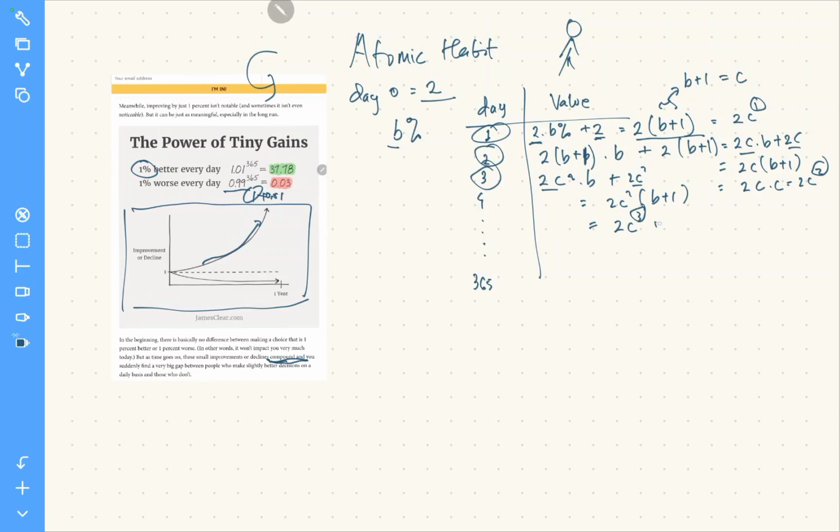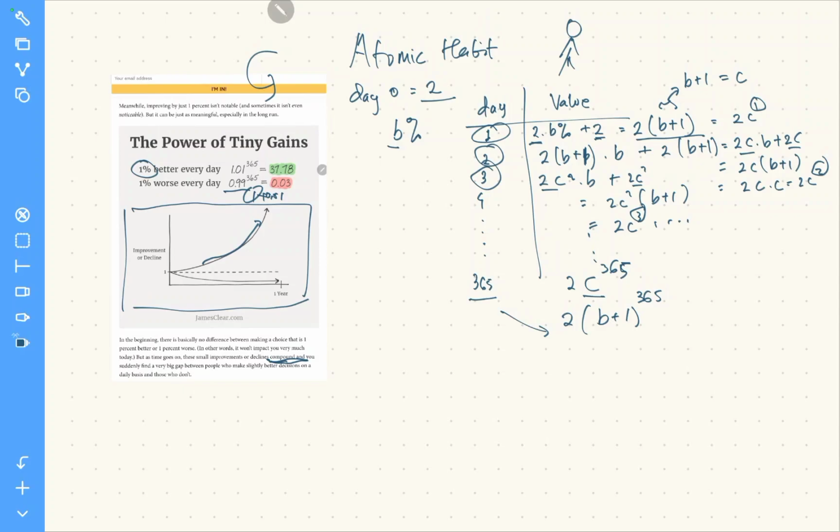And it's going to be like that until one year, so you're going to be 2c to the power of 365. And from that, you see c is (B plus 1), so 2 times (B plus 1) to the power of 365. This is your value at day 365.